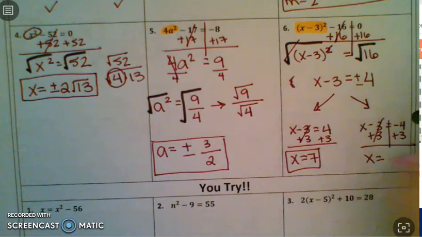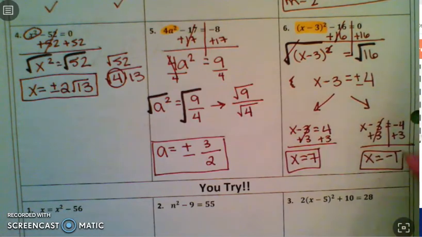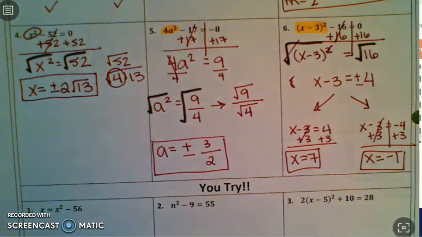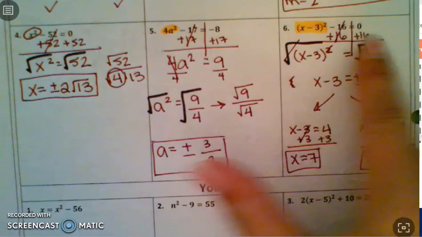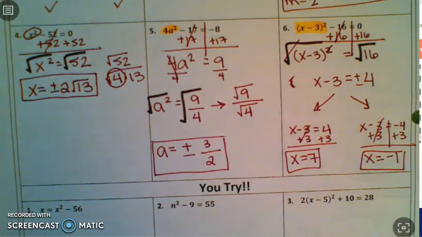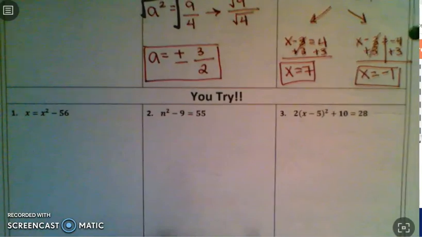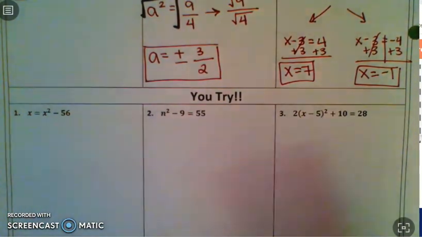Careful on your math here. Negative 4 plus 3 is not negative 7. Negative 4 plus 3 is negative 1. So my two x's that make this statement true above are x equals 7 and x equals negative 1. Your homework is to do these 3 you try problems.